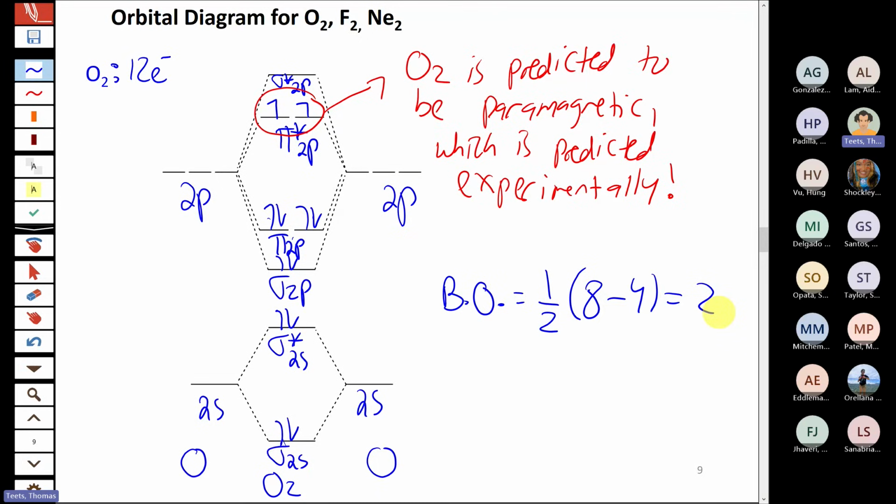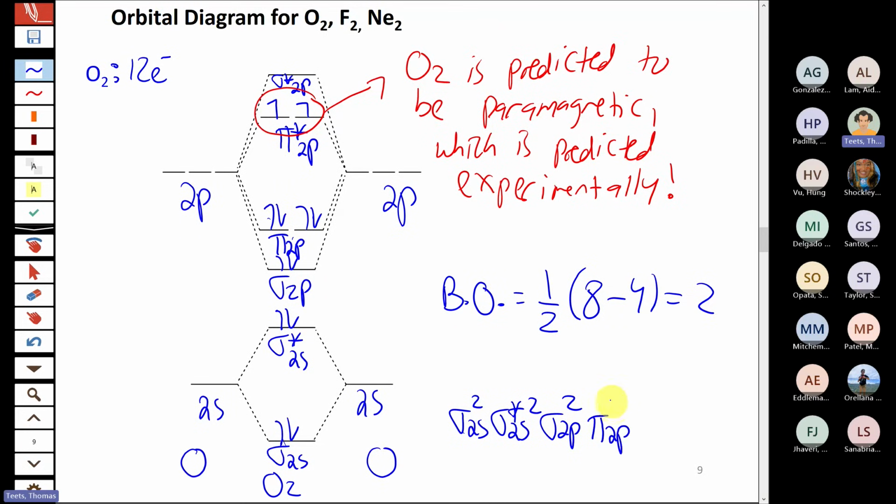And then we might also ask you for the electron configuration of O2 from the molecular diagram. So you would write that as something like this: sigma 2s2, sigma star 2s2. This is just, again, like we write electron configurations, each energy level with how many electrons are in it. So 2 electrons in sigma 2s, 2 electrons in sigma star. Sigma 2p has 2 electrons in it.